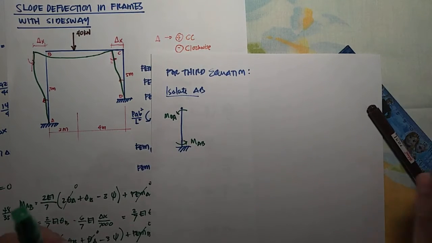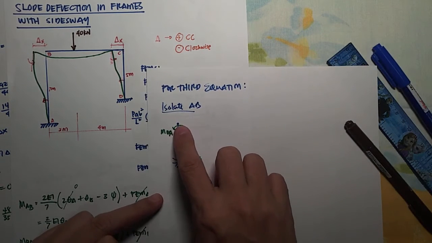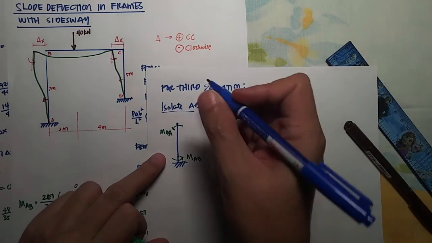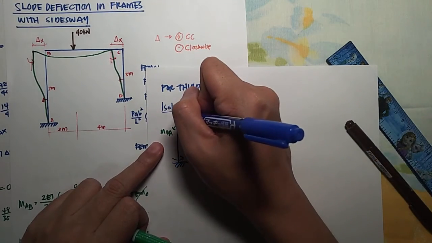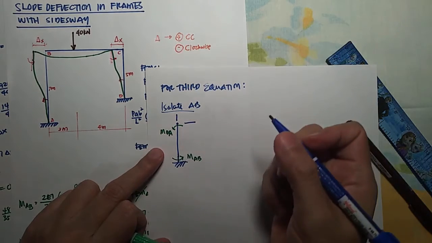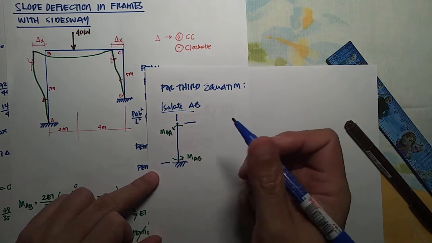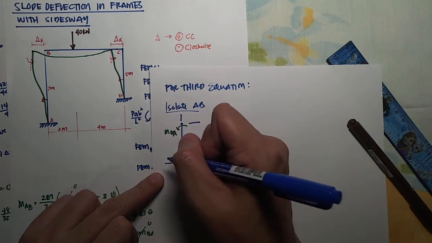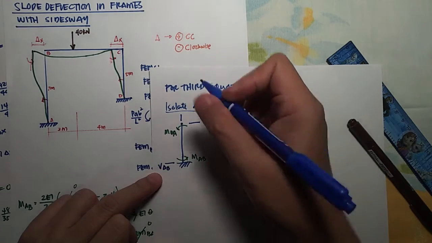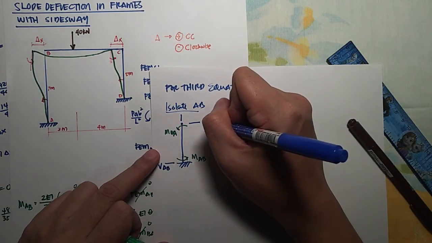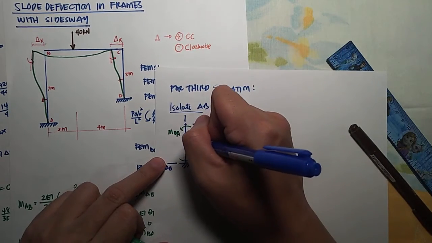Then of course when we cut joint B, there will be a shear there, shear, and there should be axial. Okay, here also there will be a shear also here, say shear on AB. Ito naman yung shear on BA. Okay, so then this is 7 meters.